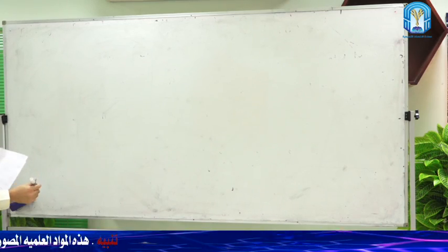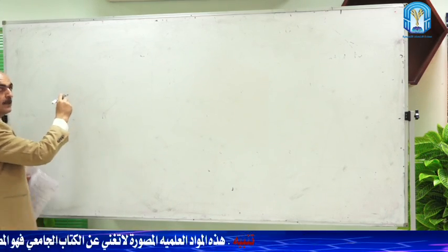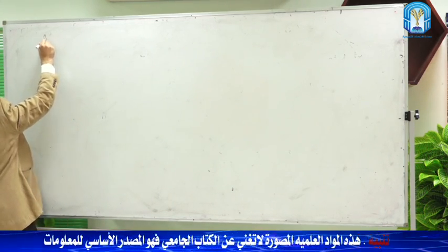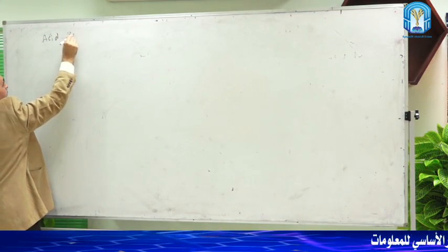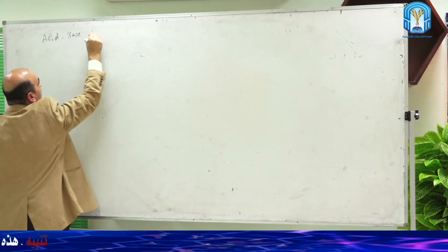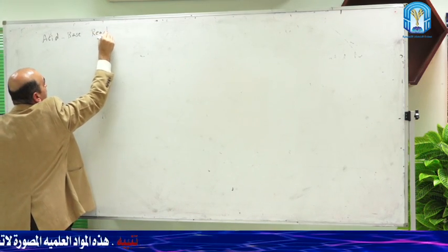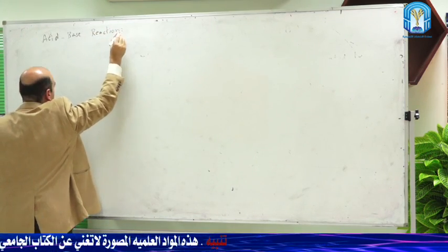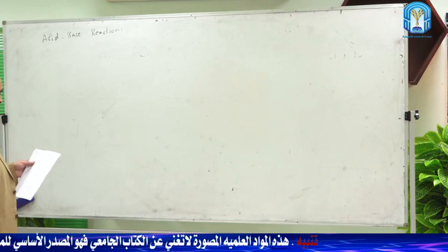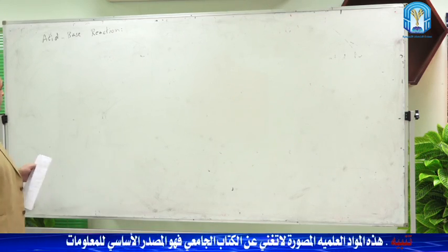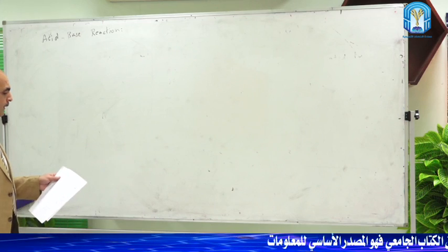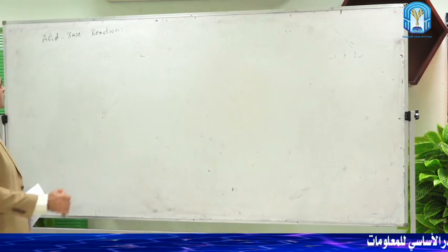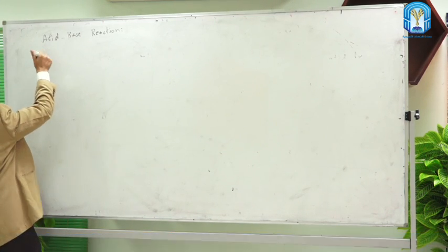Now let's talk about acid-base reactions. We have three definitions for acid-base reactions. One of them is in this chapter, which is the Arrhenius definition.